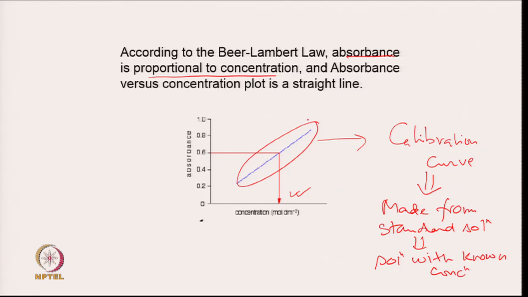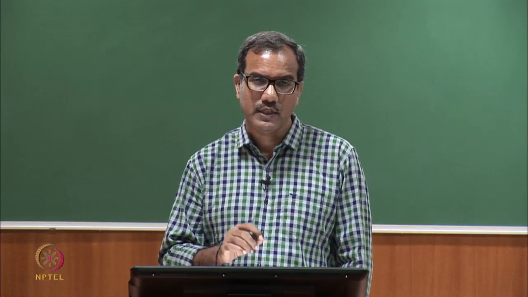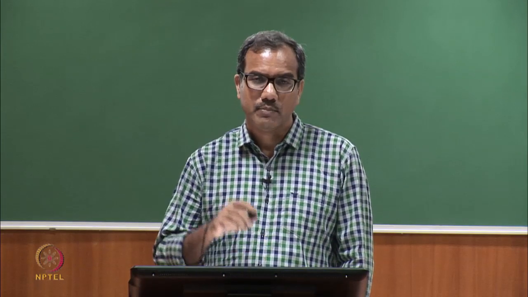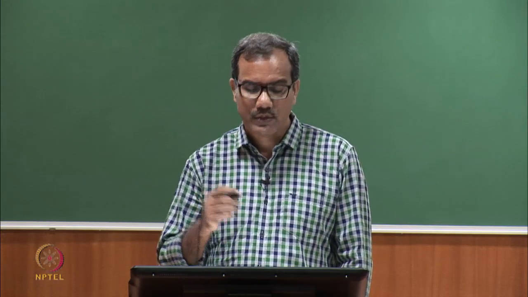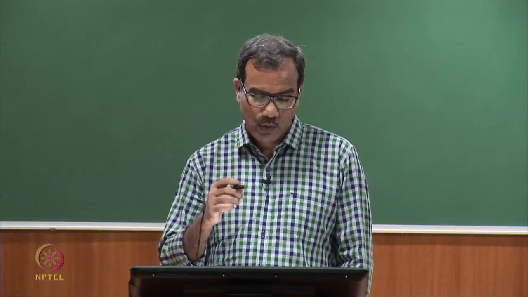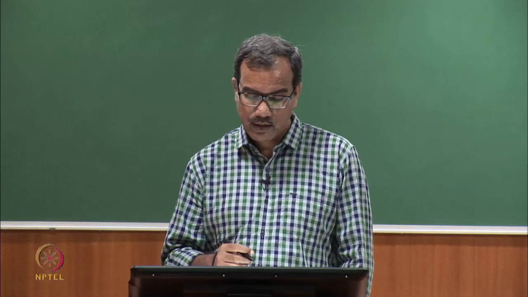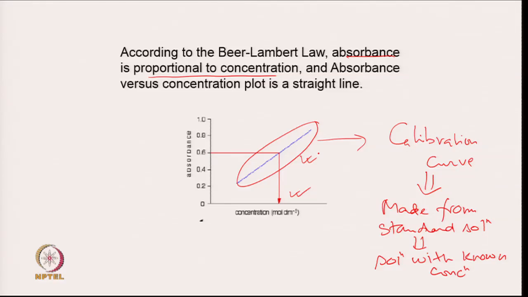So, first you make a calibration curve, and if you know the absorbance at a particular wavelength of a compound in an unknown sample, you can know the concentration by using the calibration curve for that compound.